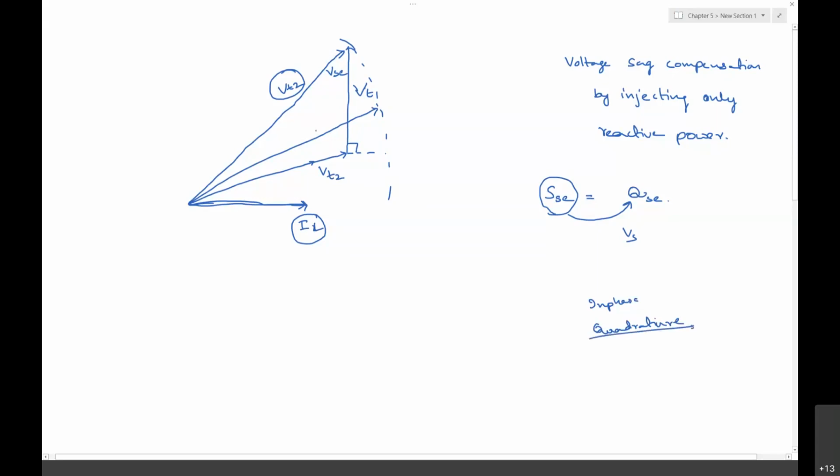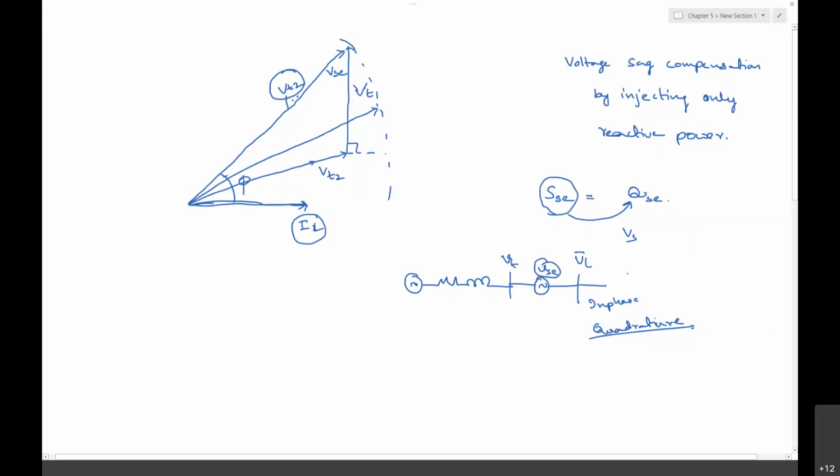Because after injecting, based upon the VT2 voltage, the VL is going to be fixed. If I draw this particular diagram, this is the V series, this is VT, and this is the VL. After injecting this particular VSC voltage, the VL is going to be fixed.